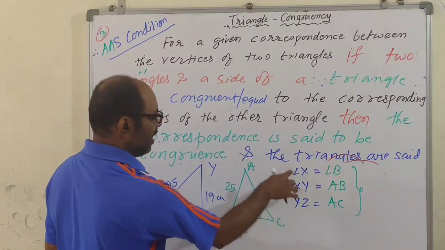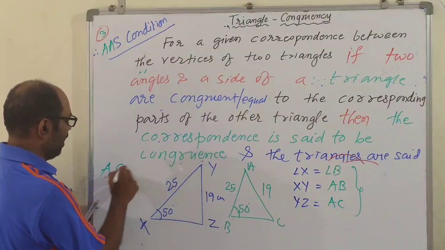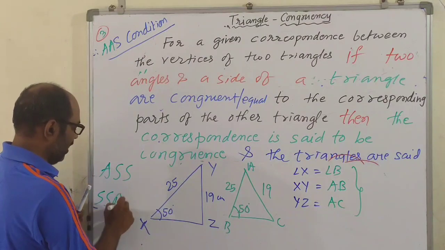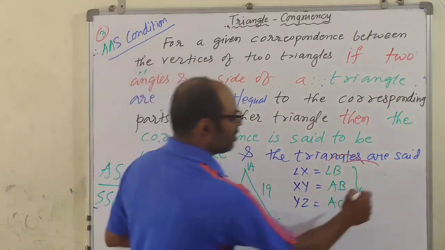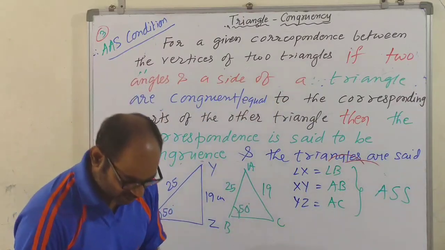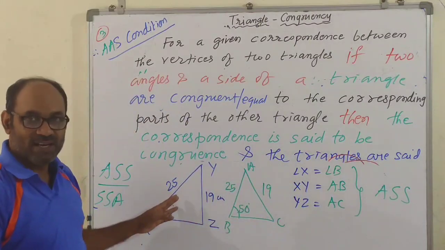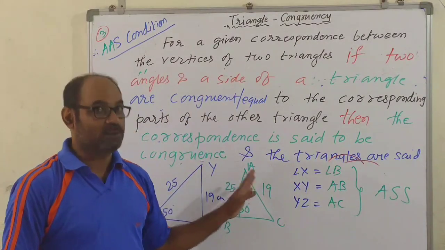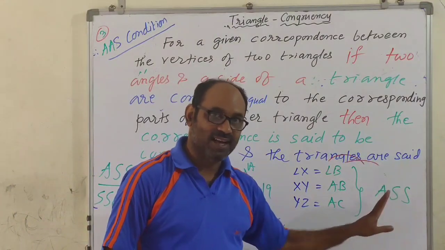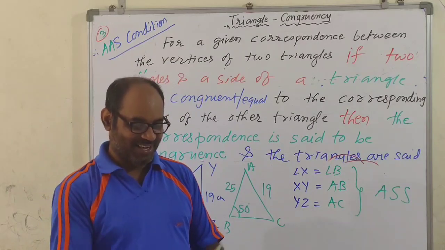We have two sides and one angle. So angle side. Angle side. And if we start from here, then side angle. All right, anything. So angle side. This condition is satisfied. Now, three parts of one triangle are congruent to corresponding three parts of the other triangle. And which are those three parts? Angle, side. Is this enough for the two triangles to be congruent? Let's check.